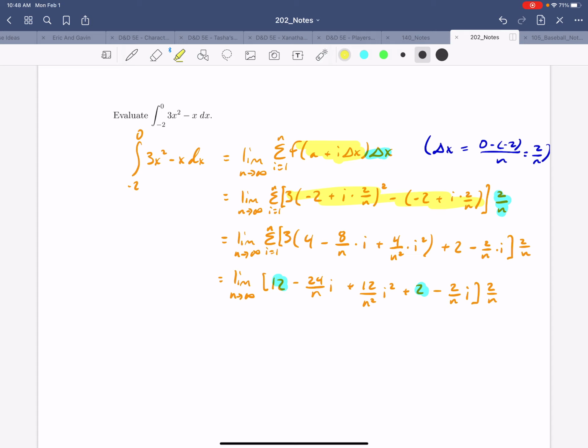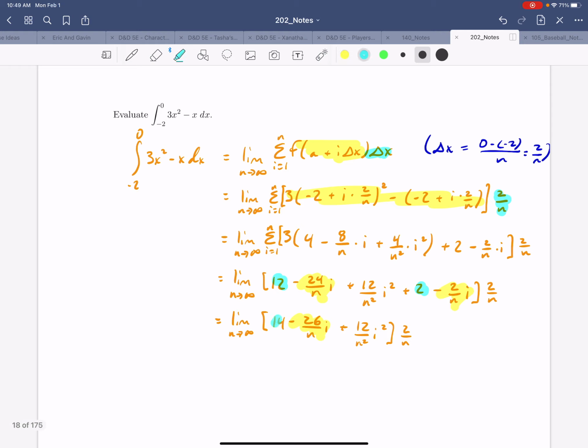We've got a -24 over n i, -2 over n i, and then we've got that other last term. So it looks like we're getting 14 minus 26 over n i plus 12 over n squared i squared, all times 2 over n. Just to be clear where our numbers are coming from, right?